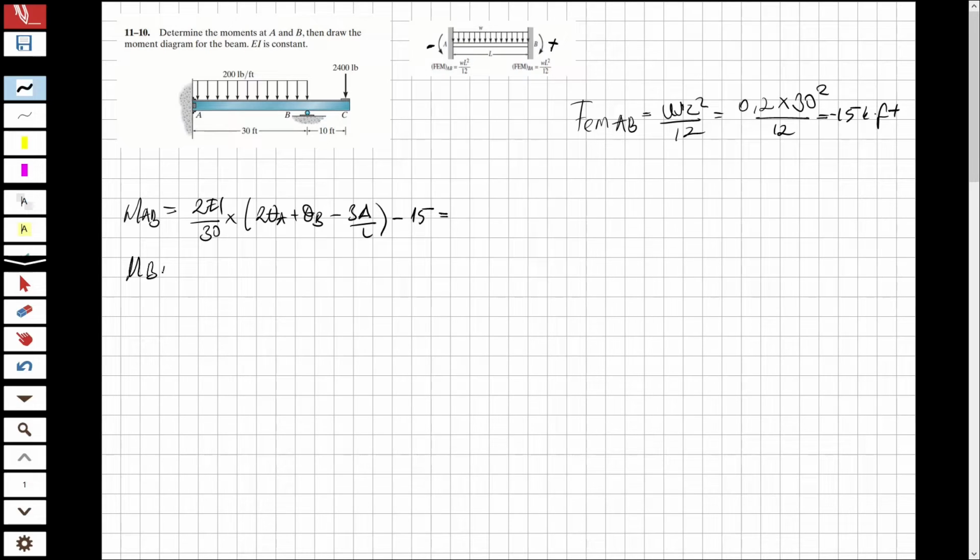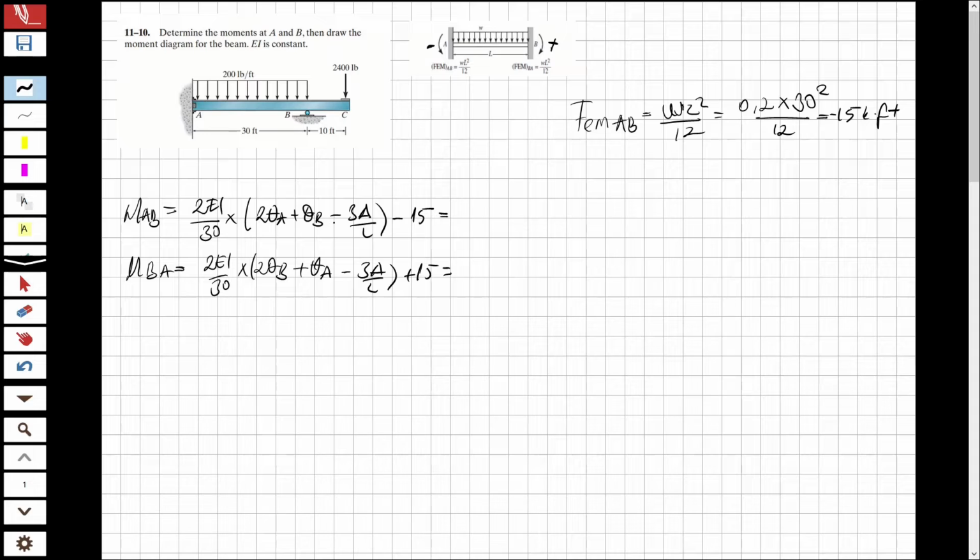So for moment BA, that will be also 2EI over 30 times 2 theta B plus theta A minus 3 delta over L, and of course plus 15.